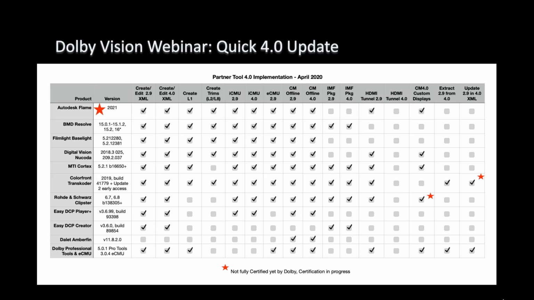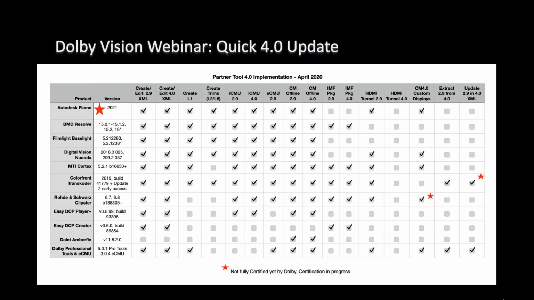Essentially, 4.0 is out there in many of the tools, and this is a list of the tools that are supporting Dolby Vision 4.0 and to what extent. You should contact your individual studio to see where they are in accepting Dolby Vision 4.0 masters. Some are accepting 4.0, some are not, so it's an individual answer to that question.